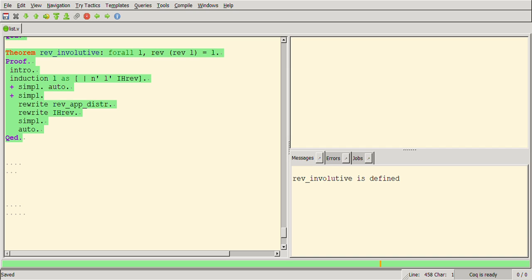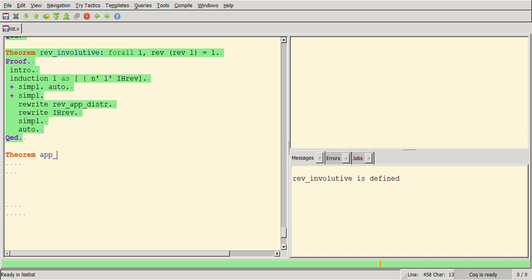So we have just proved that the reverse function is involutive, and we can continue with the associative property of append. We have already proved the associative property with append, but now I define a theorem that has 4 lists.